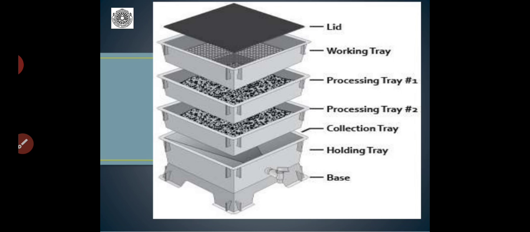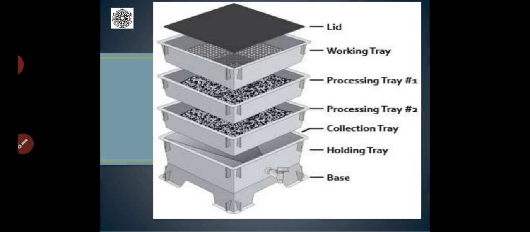And below which there is a tray called the working tray, where the worms are placed initially. In the next part there is a processing tray, where the earthworms put on the working tray will be shifted to processing tray 1, and from processing tray 1 the worms are then shifted onto processing tray 2.